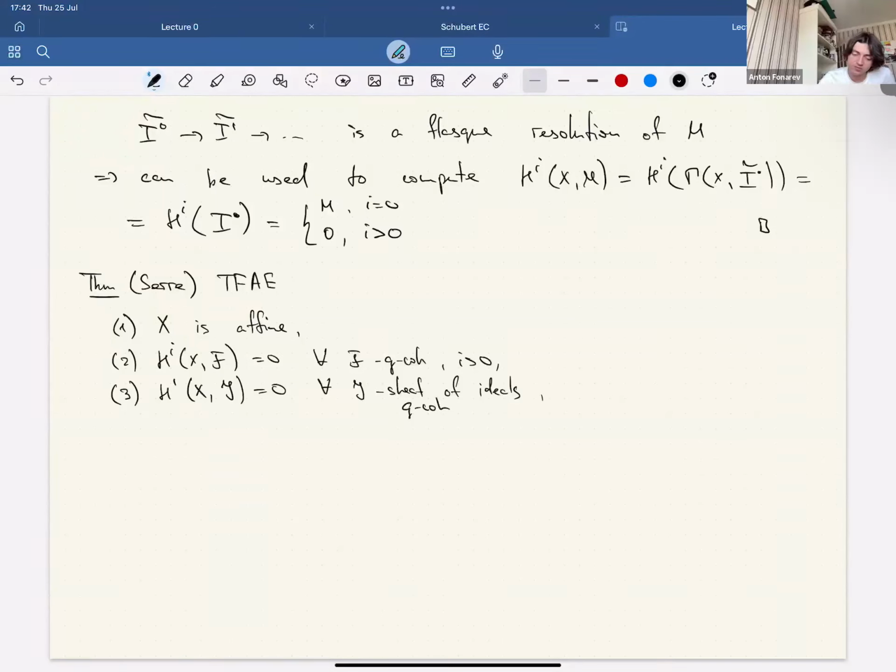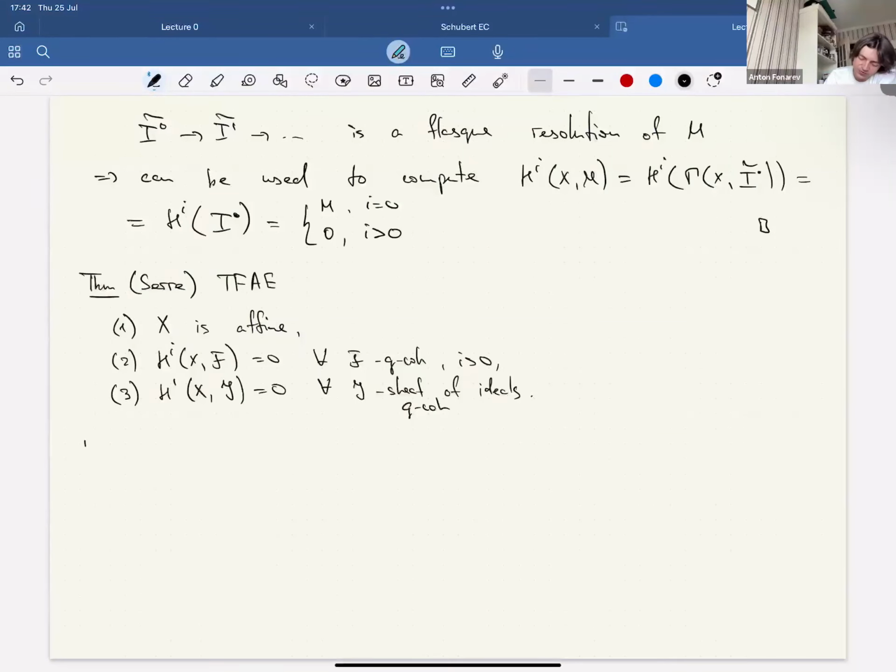Now I just specifically said H^1. It's an interesting characterization between 1 and 2. I mean, 3 is as usual. Sometimes you can reduce to an even simpler statement. But the thing to remember is that affine spaces are characterized by the fact that no quasi-coherent sheaves have higher cohomology.